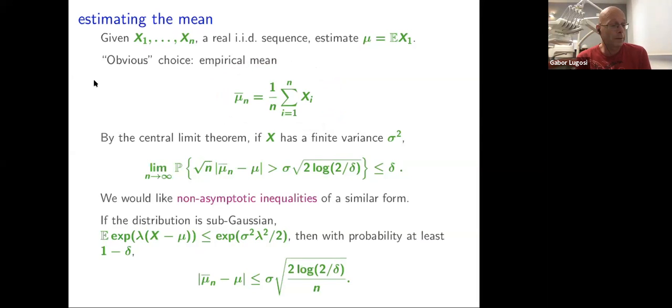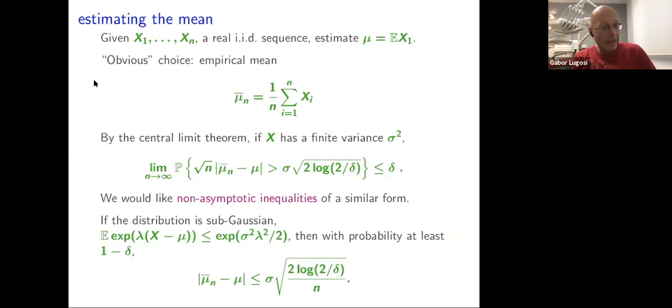People were interested in the mean squared error or other types of risk measures, but it was always some kind of an expected risk measure. And if, for example, you consider the mean squared error, then really the best thing you can do is to take the empirical mean.